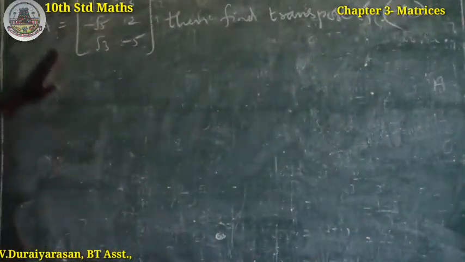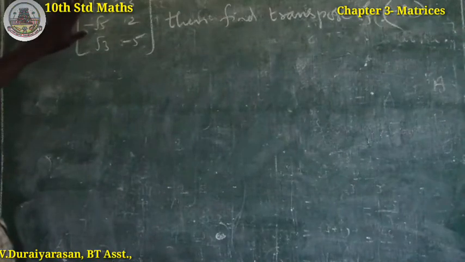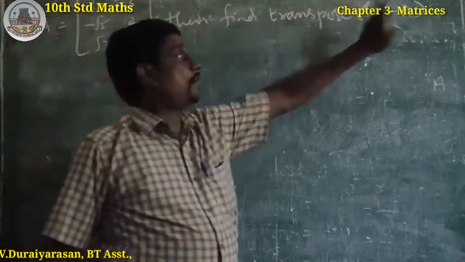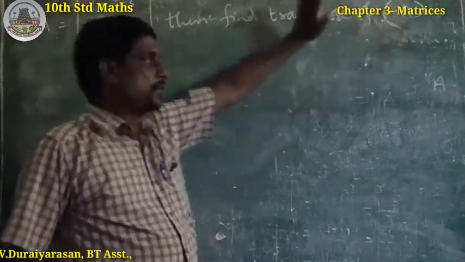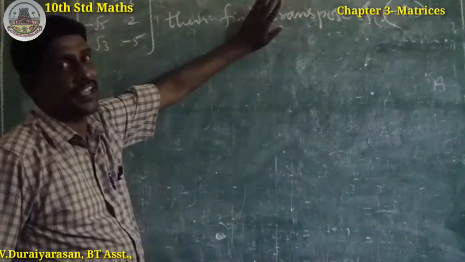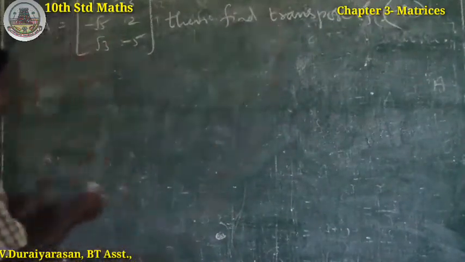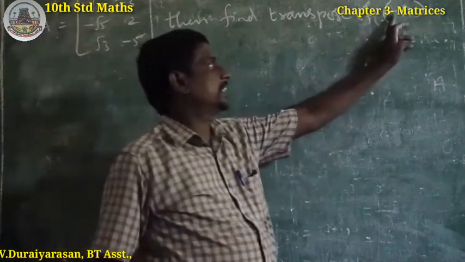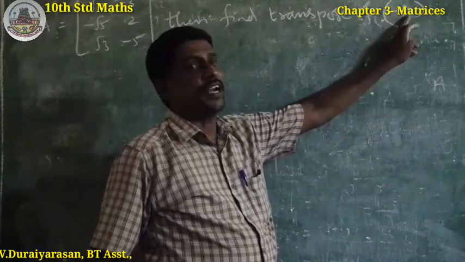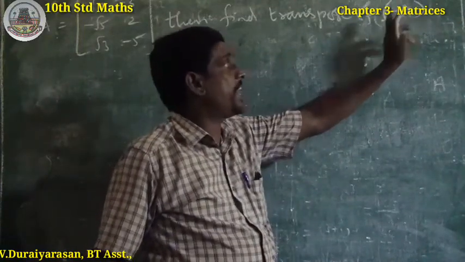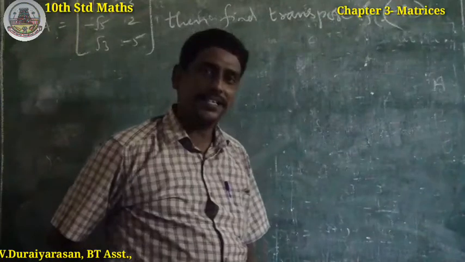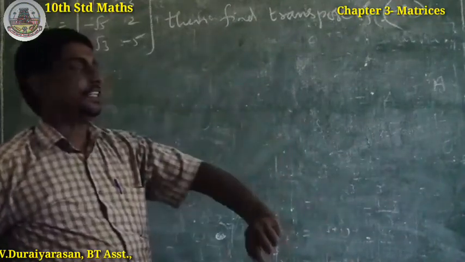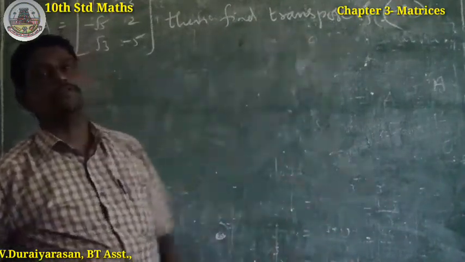A matrix A is given, to find the transpose of minus A. Transpose of minus A. So immediately to find A transpose? No. First to find negative matrix, to find minus A. Then find transpose of minus A.